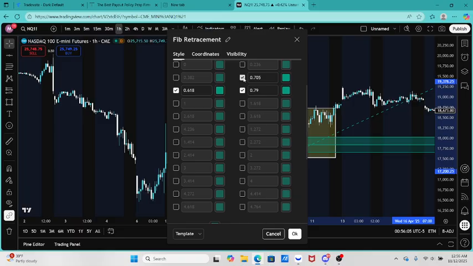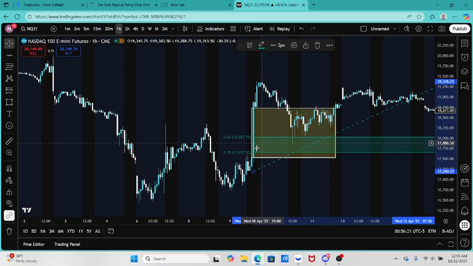Well, actually, yeah, I have the 70 level because it's that midpoint between the 62 and the 79. So you're going to have 62, 79, and you can have 70 as well. But really just 62 and 79 is all you need. Yep, then that narrows it down.